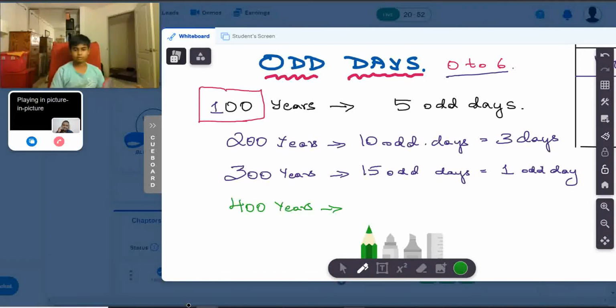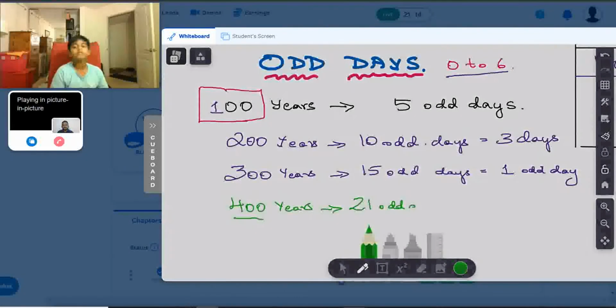So how many odd days will be there in 400 years? We had 5 for 100, so for 400 it must be 4 times 5, right? 20. And 400 itself is a leap year, so it is 21 odd days.